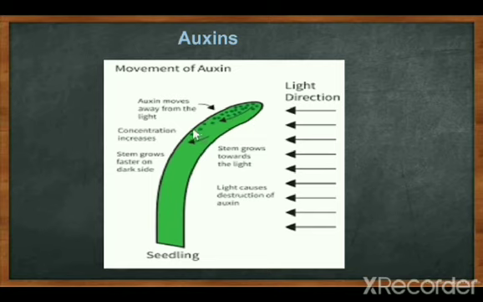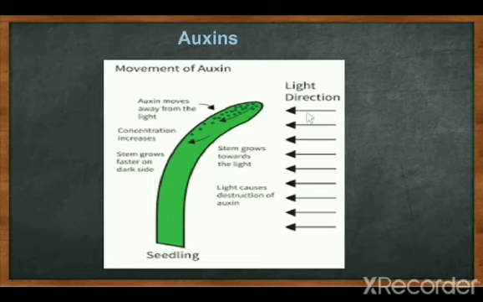So more secretion takes place on this side, the auxin is transferred to this side, and maximum auxin secretion is there, while here auxin secretion is lower. So the tip of the shoot will be bent, because here is maximum auxin and here is lower auxin, so it will bend toward the light direction.